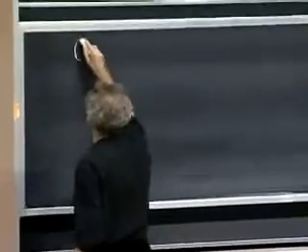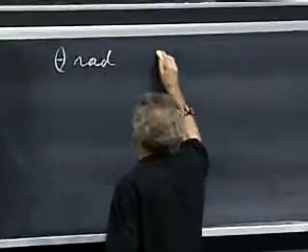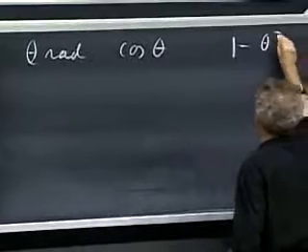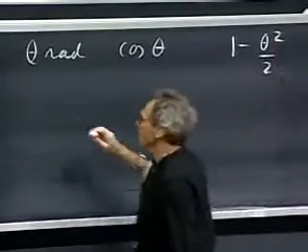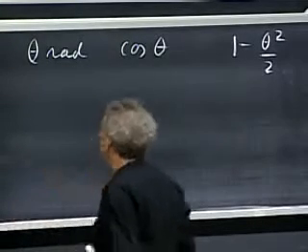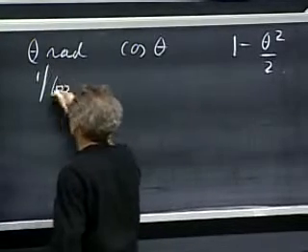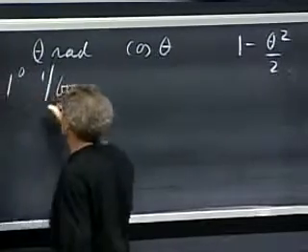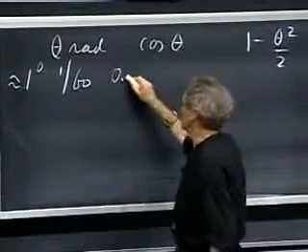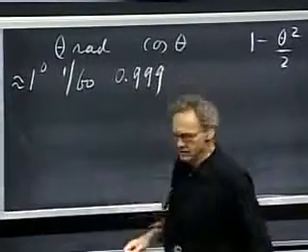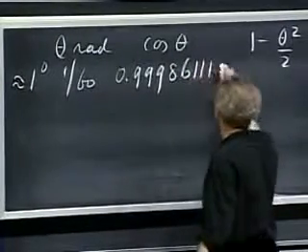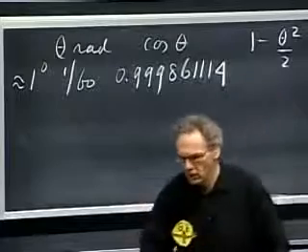If I give you here theta in radians, and here the cosine of theta, and here 1 minus theta squared over 2, then if I take 1/60th of a radian, since this is approximately 1 degree, but I pick exactly 1/60th, and I ask what the cosine is, that is 0.99985..., using my calculator.